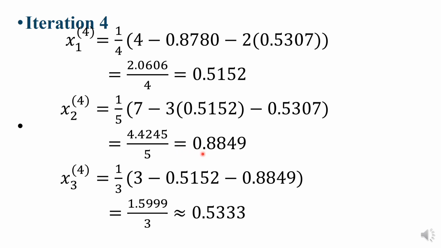Finally we obtain 0.8849. If we have found x1 and x2, both values will be put in x3. After putting in the values we simplify, then divide by 3, we get 0.5333. If the question gives the third iteration, then we can stop at the third iteration. If the question gives the fourth iteration, then we can go to the fourth iteration.